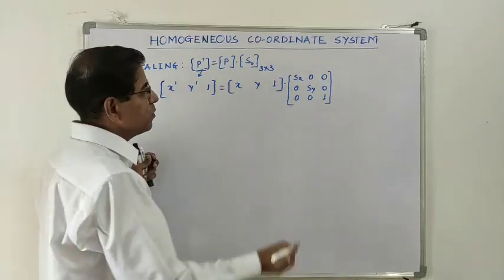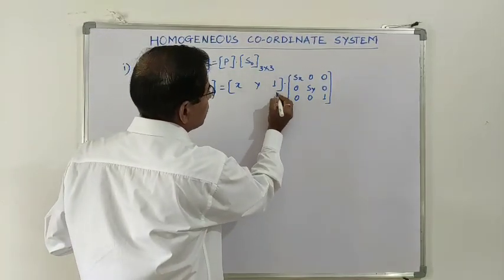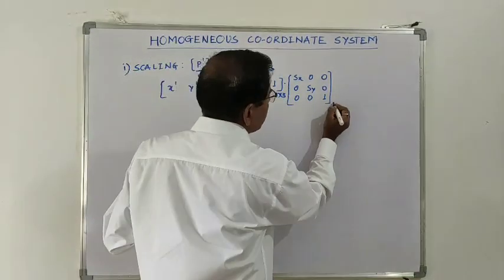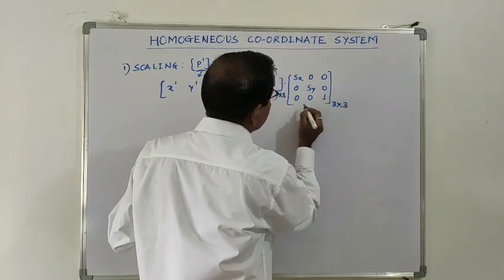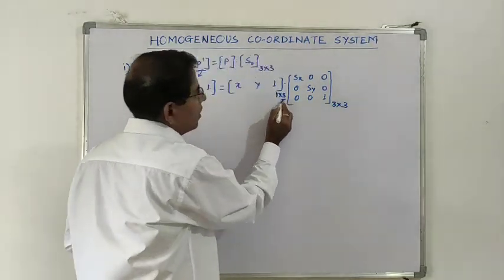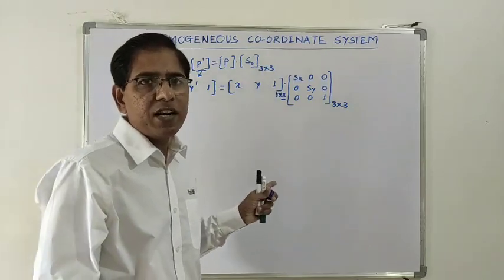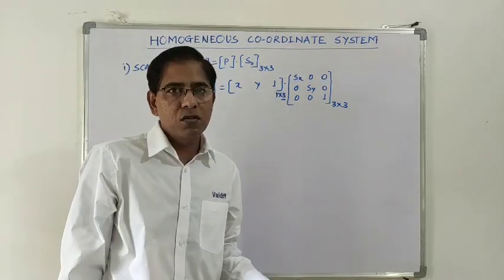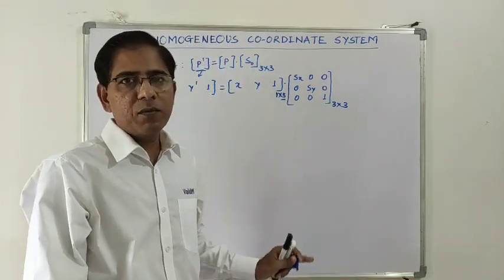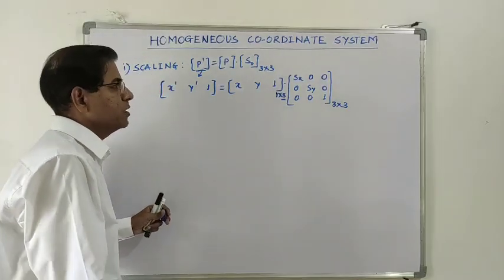And multiplication is possible because the size of this matrix is 1 by 3, whereas the size of this matrix is 3 by 3. So the number of columns in the first matrix is equal to the number of rows of the second matrix, so matrix multiplication is very much possible.